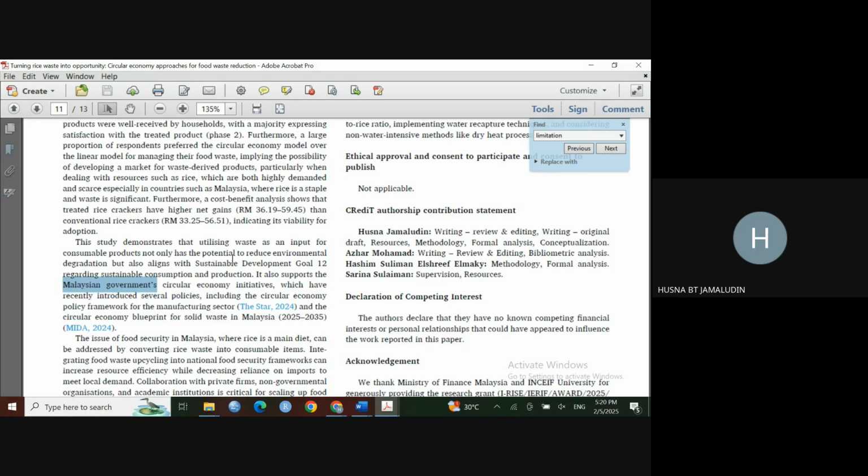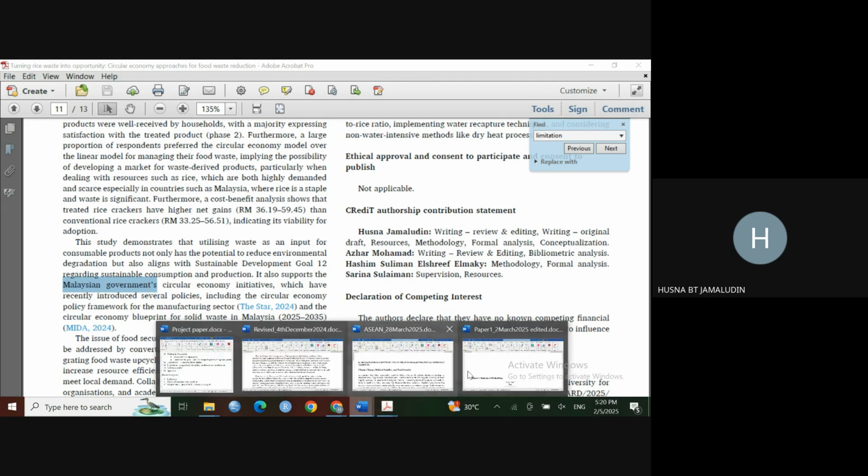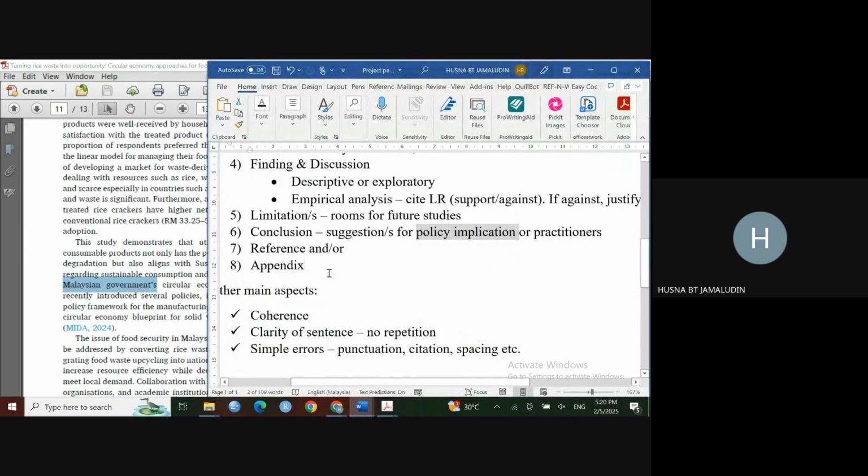So basically in the conclusion, you want to give suggestion. Remember the reason you conclude your study: you find a problem, then you analyze it, and you get the result. From that result, you want to suggest what we call a solution. You want to propose something. If you want to propose something, there must be someone in charge of it, right?